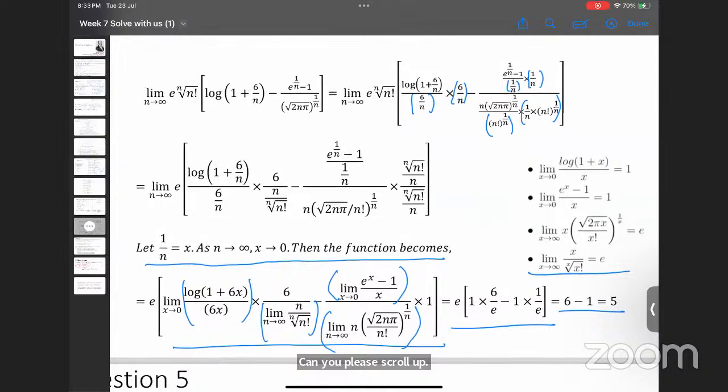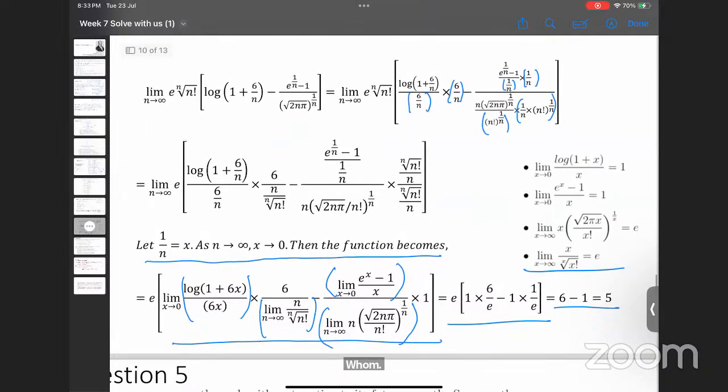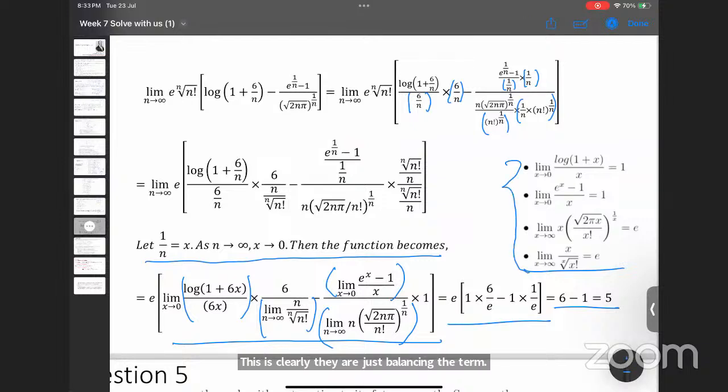And if you have any doubt, you can ask. Clearly, they are just balancing the terms to get these respective forms. Then after simplifying, we will get this equation, and then we will apply the limit: limit of e to the power of something equals e to the power of the limit.